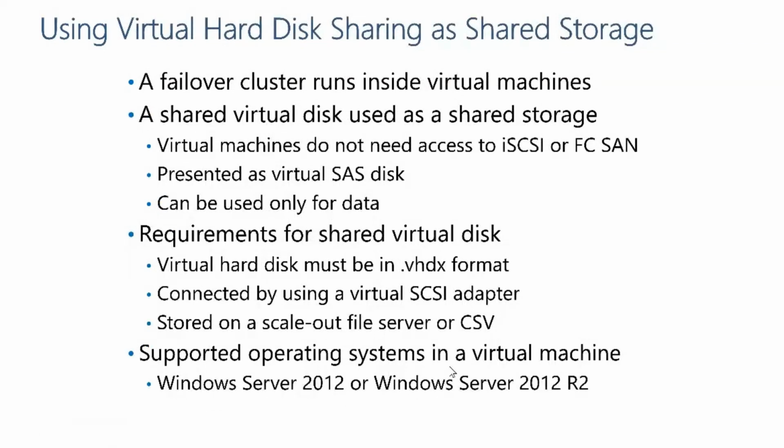A failover cluster can run inside a virtual machine. A shared virtual disk is used as the shared storage. A virtual machine does not need access to iSCSI or the Fibre Channel SAN, and it's presented as a virtual SAS disk, and this can be used only for data. So what does that mean?